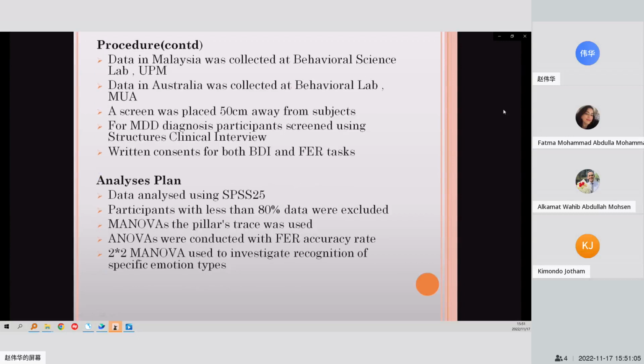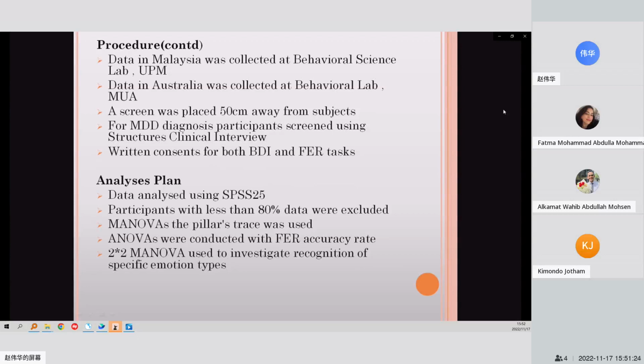This is the continued procedure part. Data in Malaysia was collected at a behavioral science lab at UPM. In the same way, in Australia it was collected in a behavioral lab at MUA.